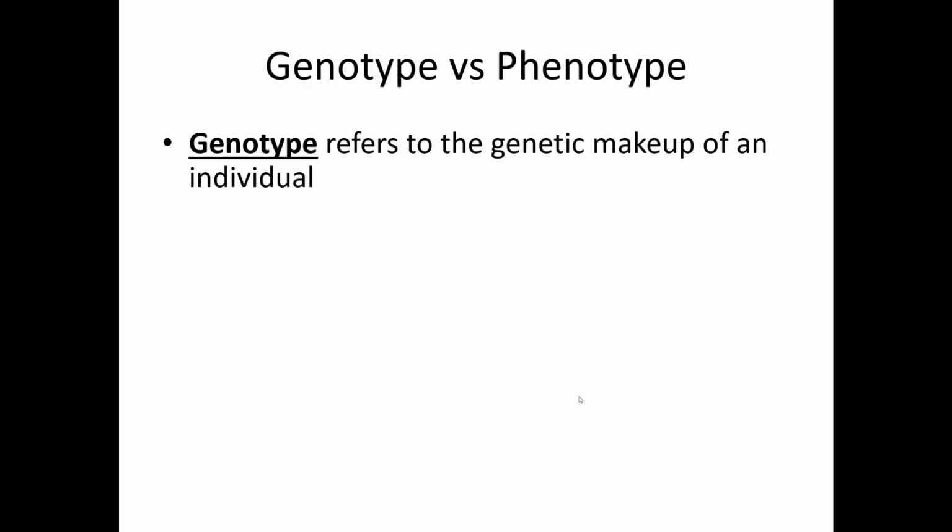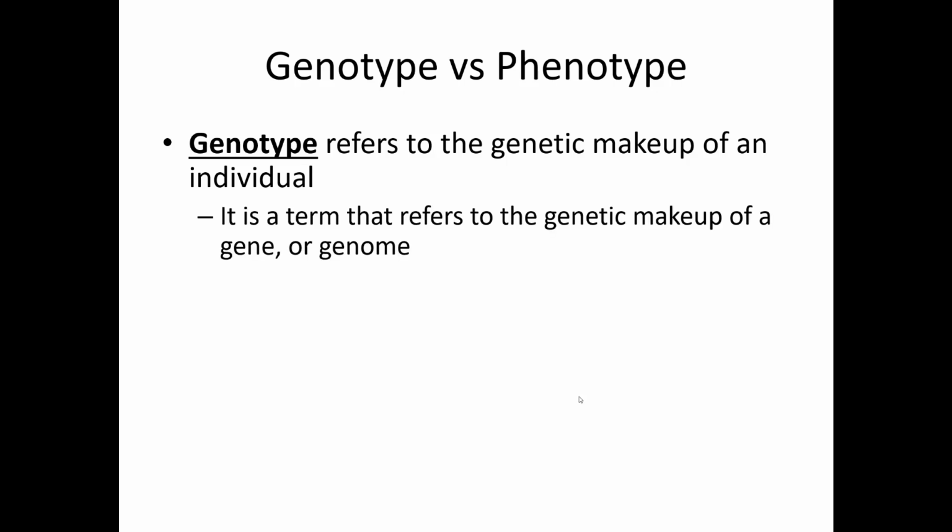Now, when scientists try to describe these phenomena, they use two different terms, genotype and phenotype. When you use the word genotype, you're generally referring to the genetic information or the genetic makeup of a cell.